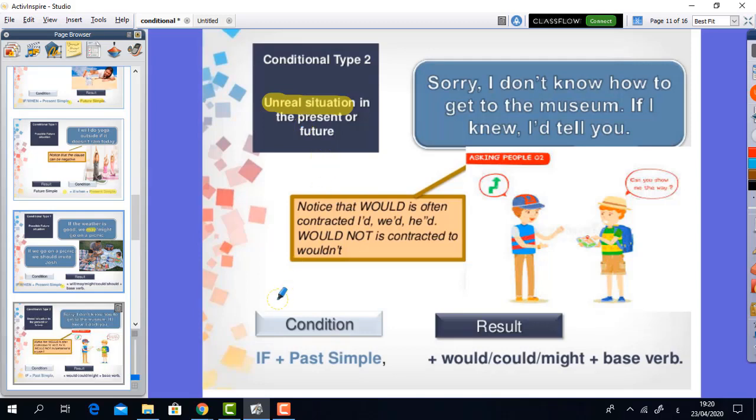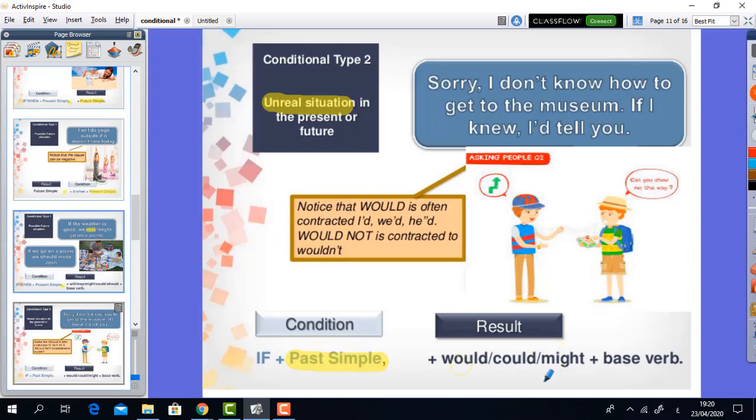But the verb found in the if clause is in the past simple time. I repeat, but the actions or conditions are in the present or in the future.